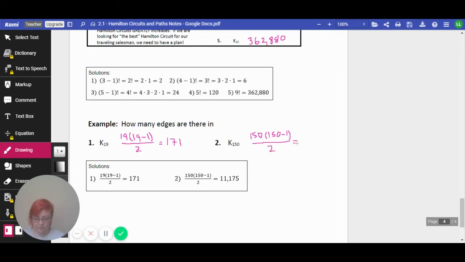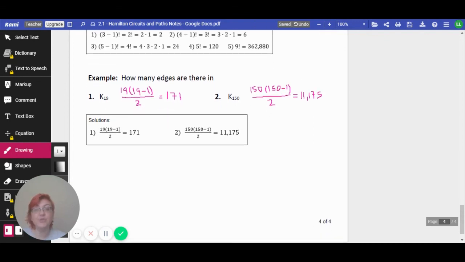All right, 150 times 150 minus 1 divided by 2 gives us 11,175.